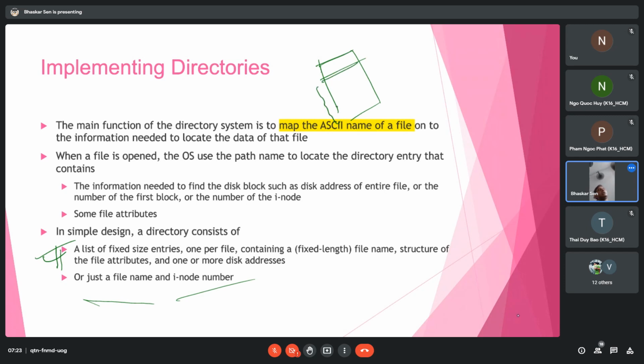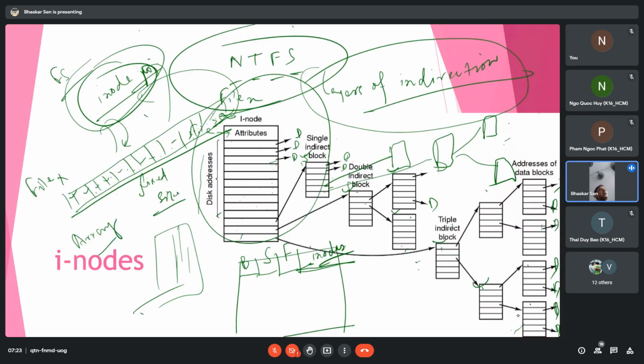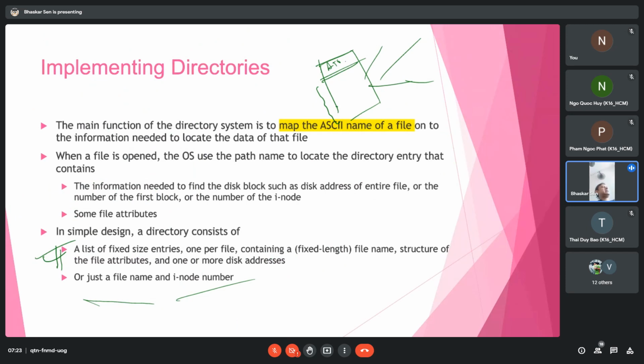Remember, these are the disk addresses which will eventually branch out. But at the top is the file attributes. Just now we saw it. File attributes. So basically, you don't have to keep a lot of things inside a directory. You only have the name and the inode number, and that inode number will take you straight to the inode, and you can pull out those attributes and display them to your client.